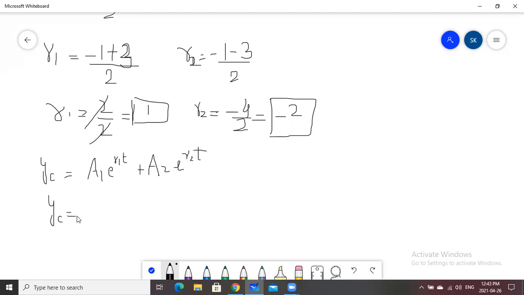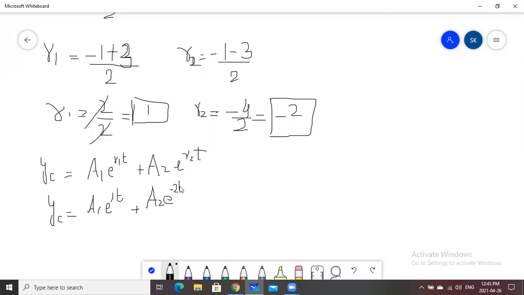We will substitute the values of r1 and r2 for both the roots. We will get yc is equal to a1 e raised to power, the value of r1 is equal to 1, so 1t, plus a2 e raised to power minus 2t.